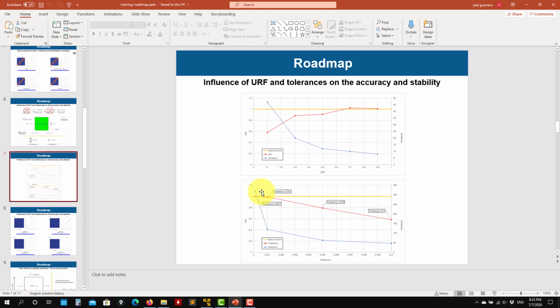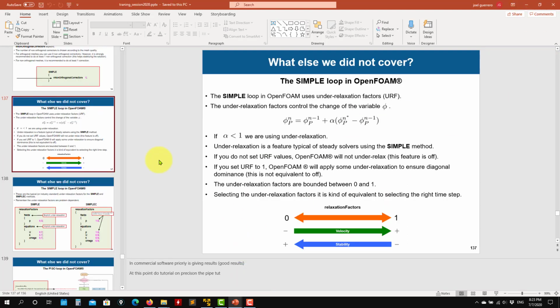Under-relaxation is a way to control steady simulations. But we have seen also that you can use it in unsteady simulations. As for the theory, what is going on with under-relaxation is that these values are bounded between 0 and 1. You can also over-relax, but it's not recommended; usually it will diverge.